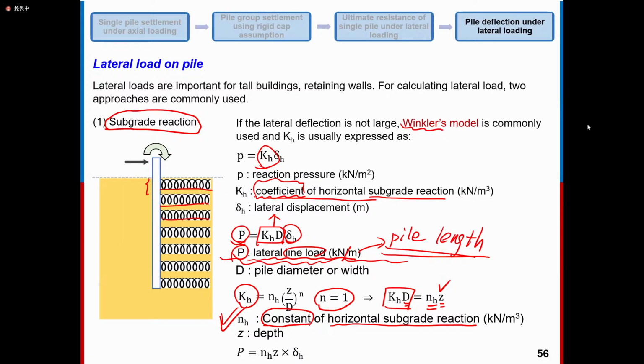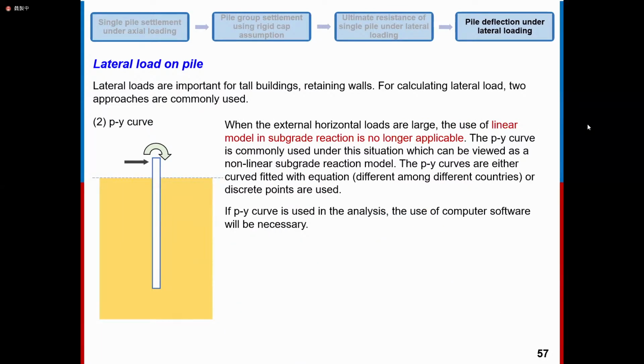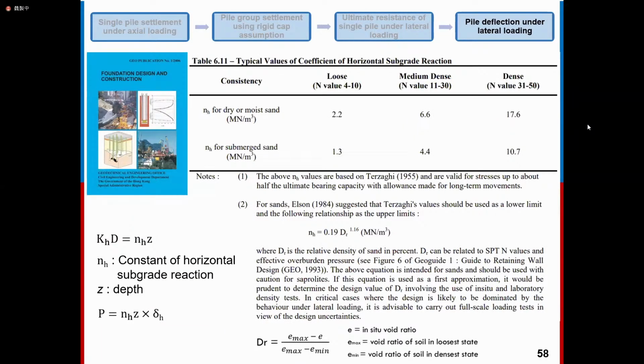As I said, NH is more commonly used. In the design code of Hong Kong, for dry or moist sand, the NH is listed here. It keeps increasing with the increase of density, from loose to dense.